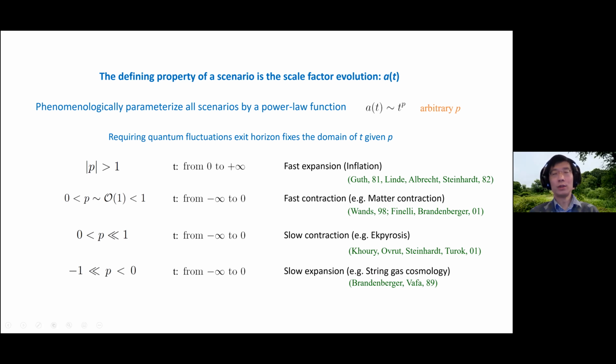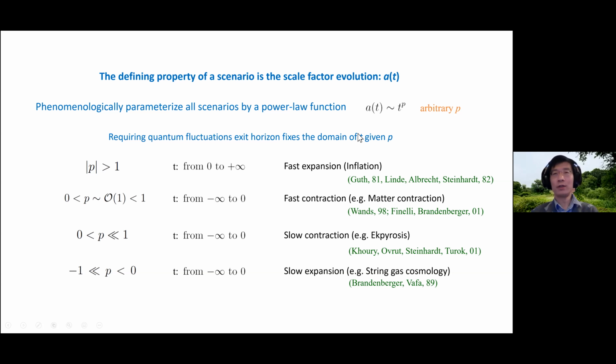In fact, just by requiring the quantum fluctuations during the primordial epoch to exit the horizon, this power law can be used to describe most of the alternatives that have been proposed.